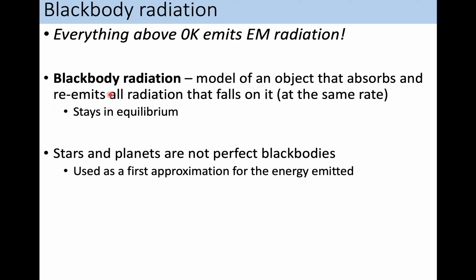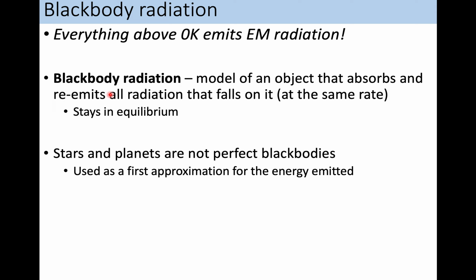Everything that is above 0 degrees Kelvin is emitting radiation, emitting light in some wavelength. The way that we think about stars emitting light is that we assume that they are what we call black body objects.